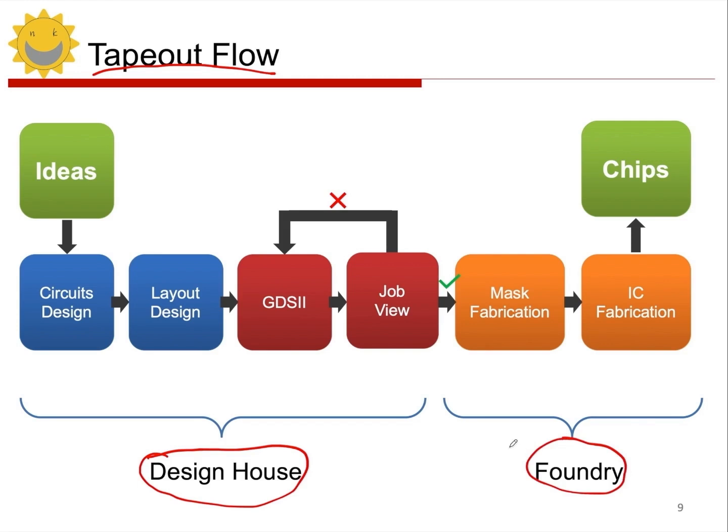Currently, most chip designs are done using a combination of design houses and foundries. It's quite rare for a company to merge the roles of design house and foundry, meaning they both design and manufacture. Such companies are few and far between, but there are examples like Intel, which designs its own CPUs and also manufactures them. These companies are quite large.